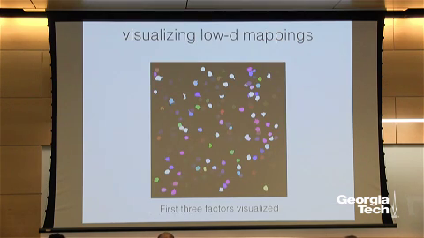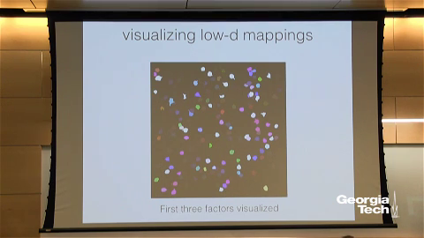So the last thing that we sought to do in this case was to think about new ways of visualizing these mappings, or these low dimensional projections of the data. What this is showing is a 3-dimensional projection of this neural activity into a low dimensional space, where we have a mapping from the 212-dimensional space into 3D.